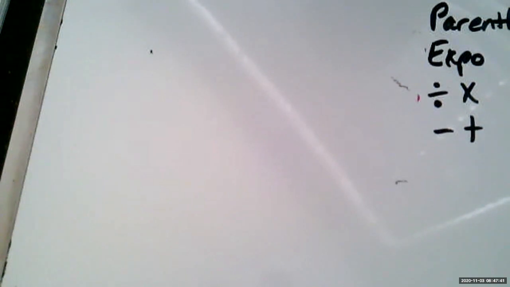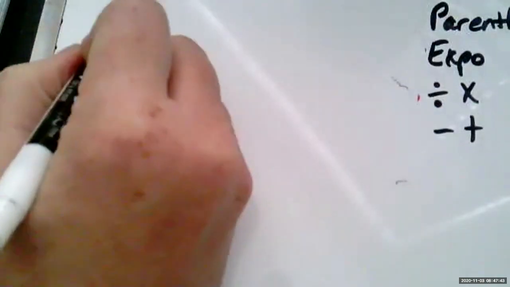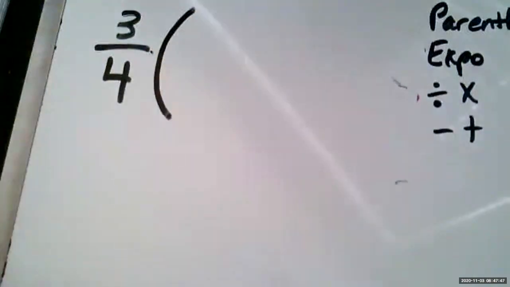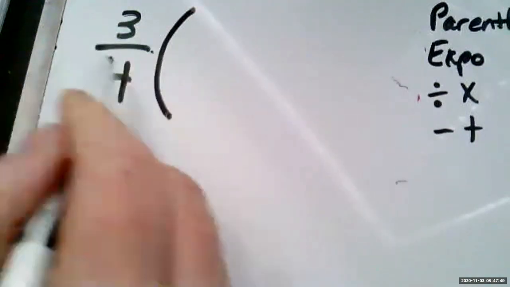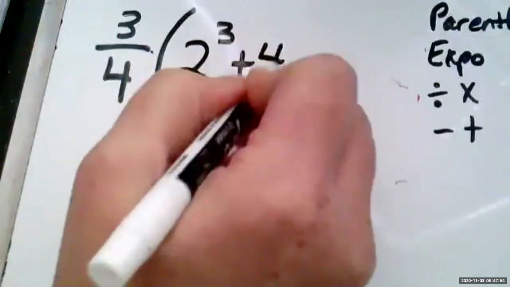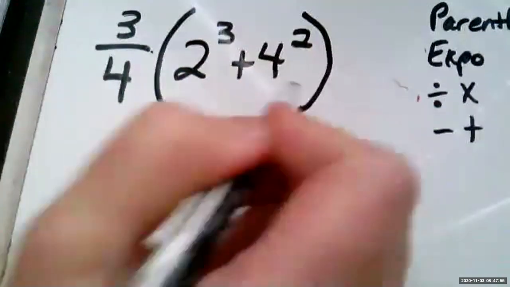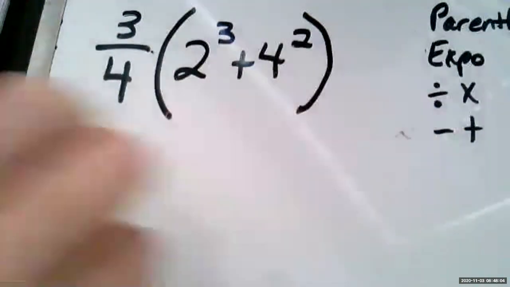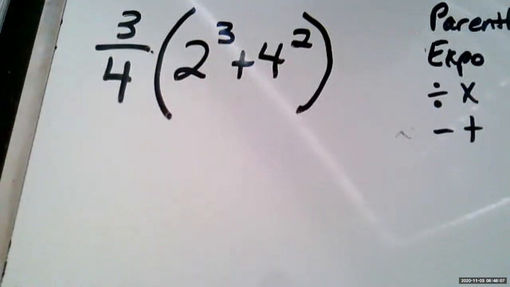Let's go with, how about this? 3/4 times, because there's parentheses and nothing in between, 3/4 times 2 to the third power plus 4 to the second power in parentheses. Okay, I'll give you just a minute to try to work this one out on your own, and then we're going to walk through the steps together and see if you got it.